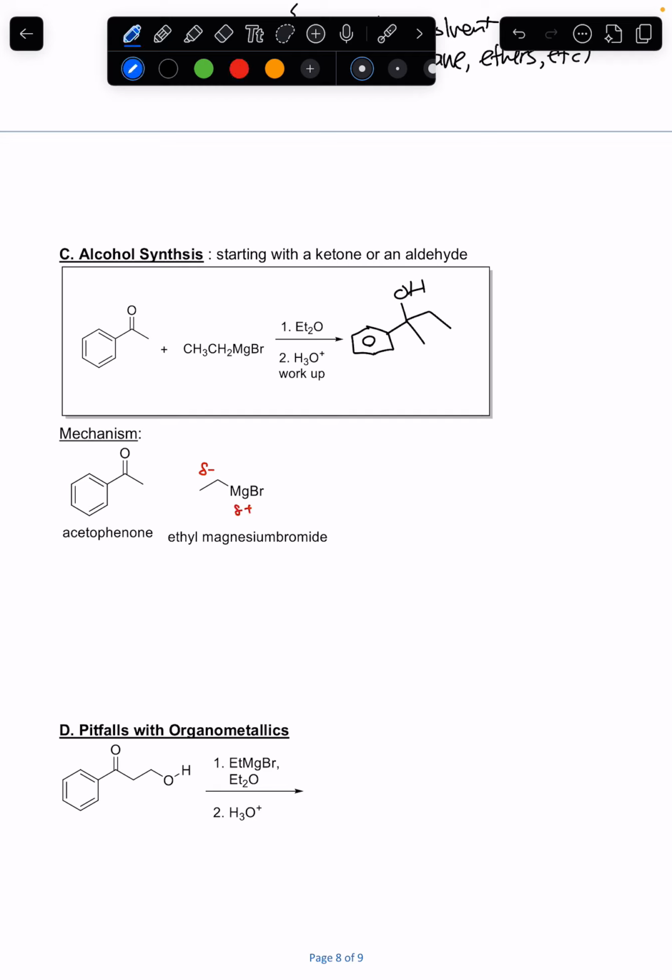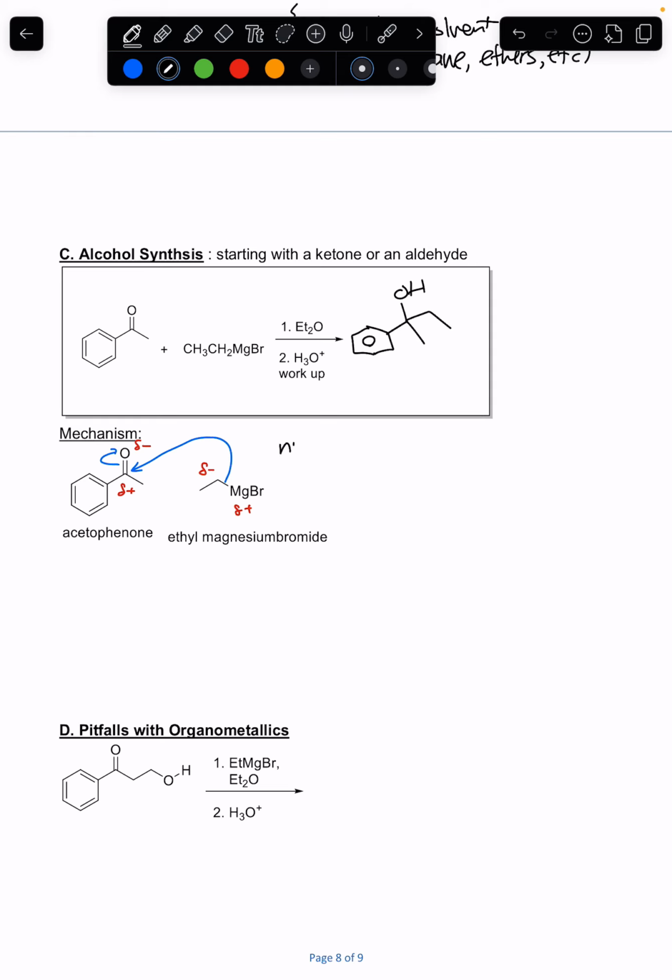So the mechanism should show how this carbon is going to take these 2 electrons and attack the electrophilic carbon of the carbonyl. Remember, carbonyl can have a resonance structure where the pi electrons are on the oxygen, not the carbon. So we could say this, and then these electrons get kicked up to the oxygen.